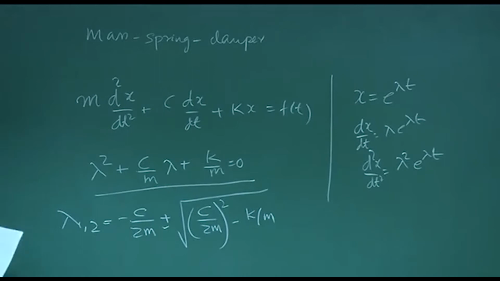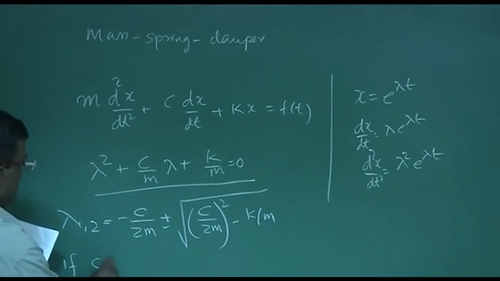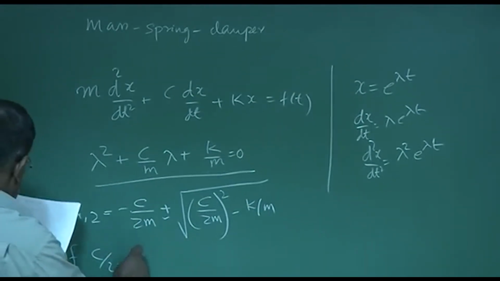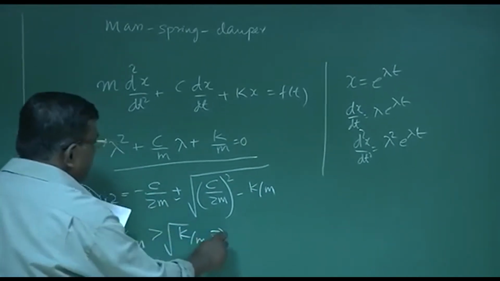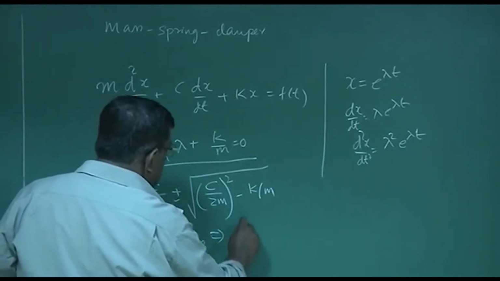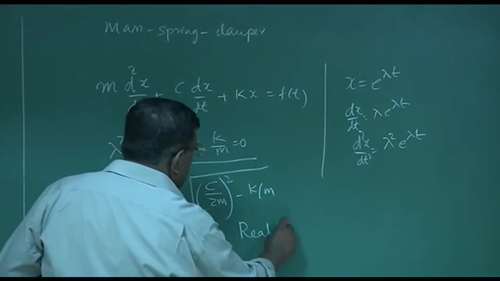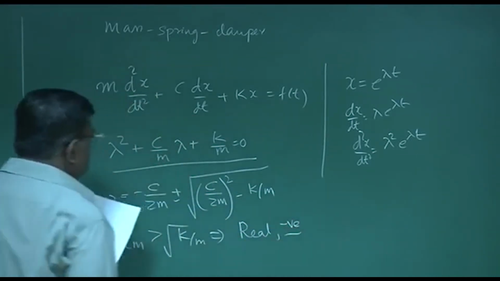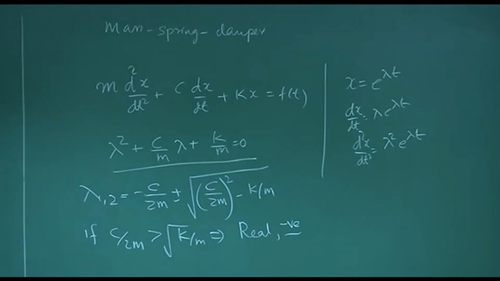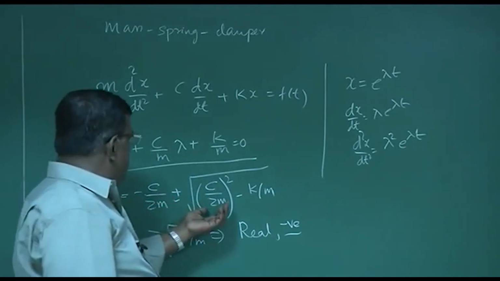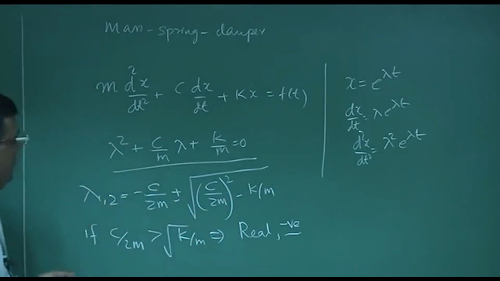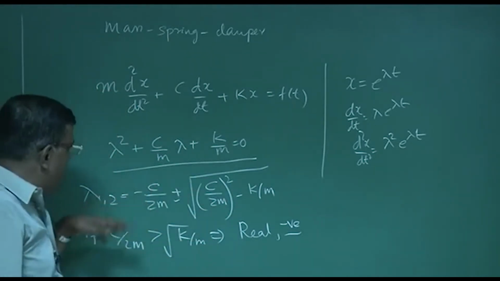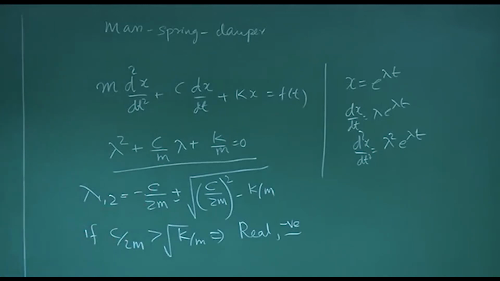And you also know that if c by 2m is greater than under root k by m, then the roots lambda 1, lambda 2 will be real and negative.